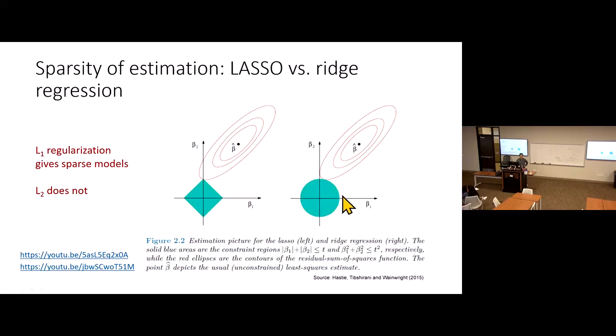All the values inside there will have L2 norm smaller than a certain cutoff. So you have this sphere or circle, and you touch the best solution you can find, and the point you touch this edge is your solution, which is close to the best overfitting solution, but also satisfies your regularization requirement. So that will be your solution, at this touching point.